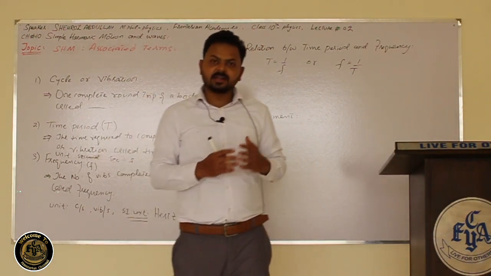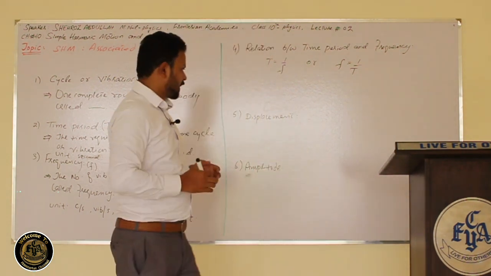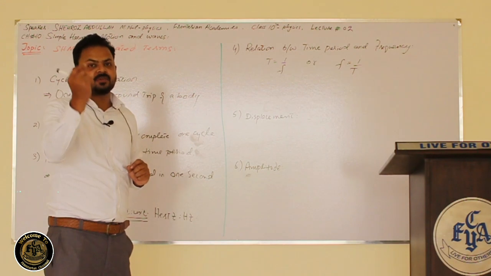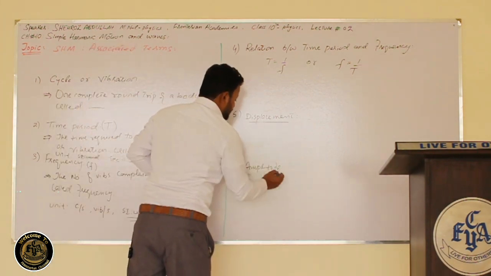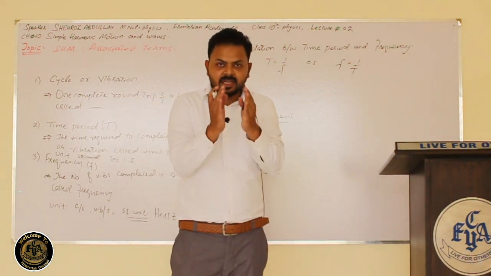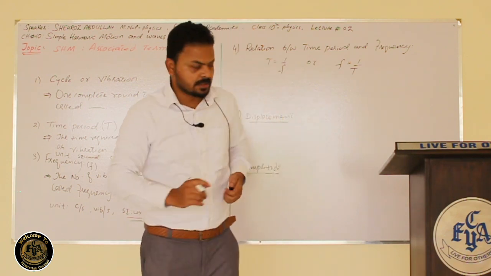There is a difference between amplitude and displacement. Up to some extent both are the same, just there is a difference of a single word. In displacement, we say the distance covered by a body from the mean position to any of the extreme positions.